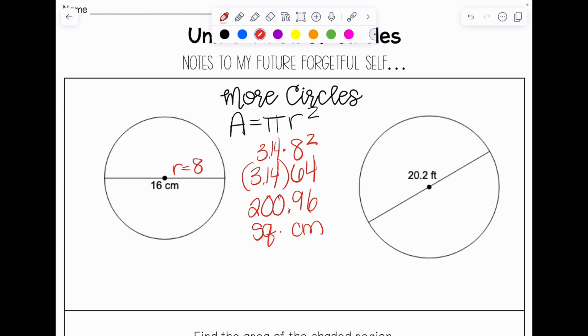On this next one, again, our diameter is 20.2 feet. So I need the radius first. My radius is going to be 10.1 feet. And we'll start with our formula, pi r squared.